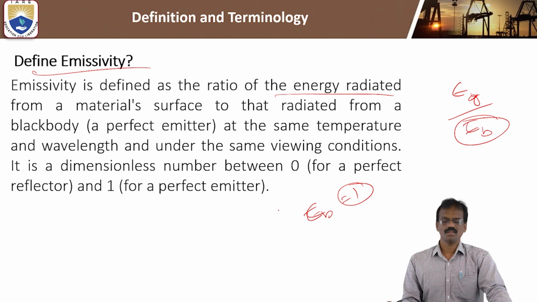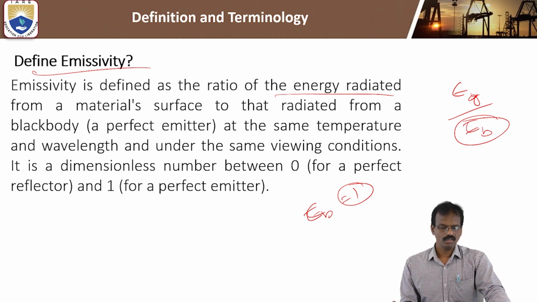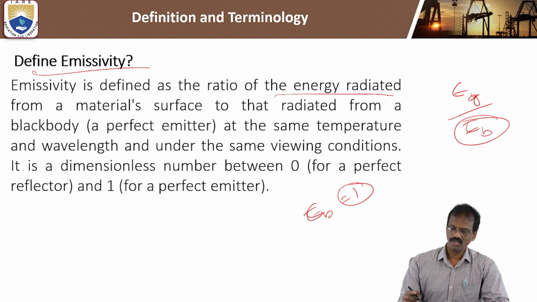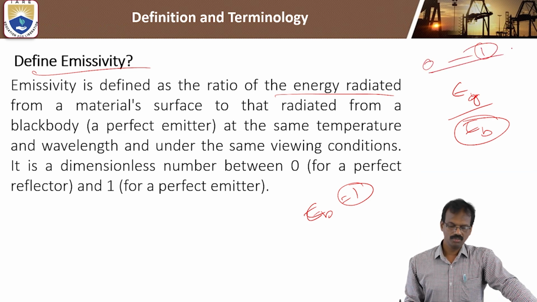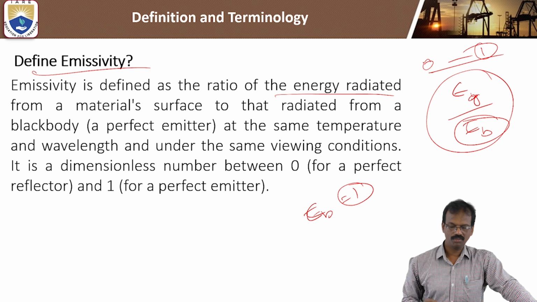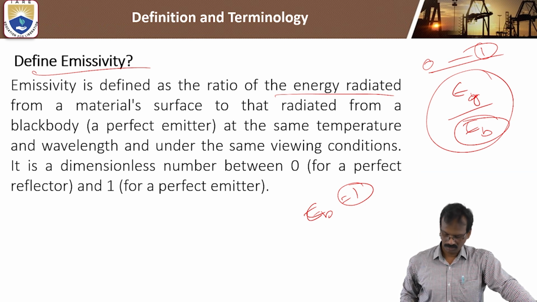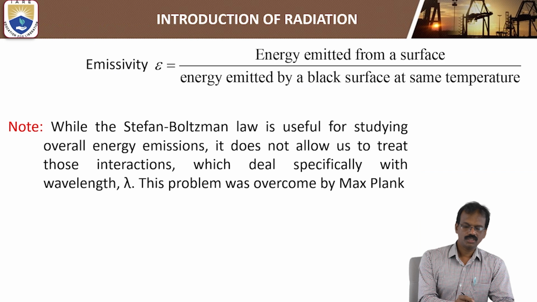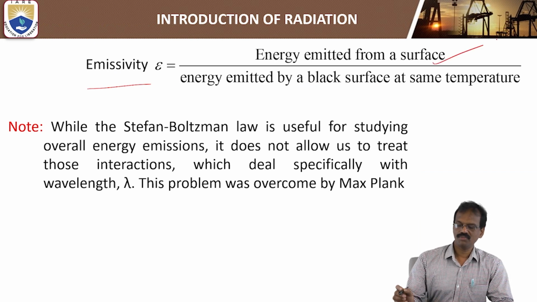The emissivities of the remaining bodies vary from 0 to 1. The highest emissivity value, 1, is for black bodies. So the ratio of the emissivity of any body to the emissivity of the black body is called emissivity. Energy emitted from a surface.